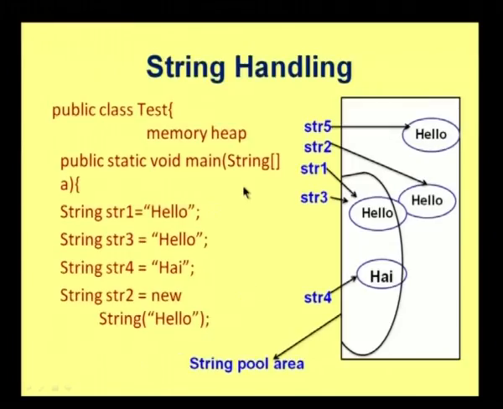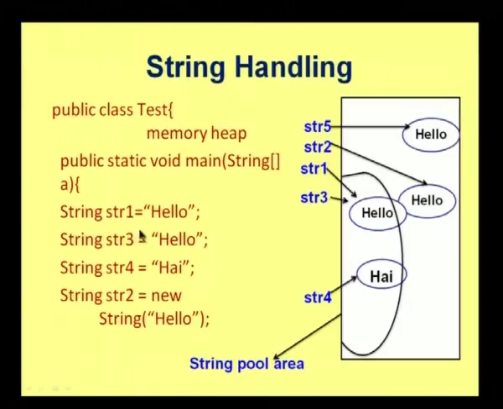Next is a sample program for handling strings. Here we have a program in which we are trying various types of string variable declarations and how the memory has been allocated. You can see here we have created a string and directly assigned a value to it, string 1 and string 3. Both string 1 and string 3 have the same value.